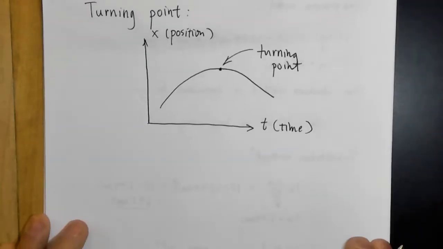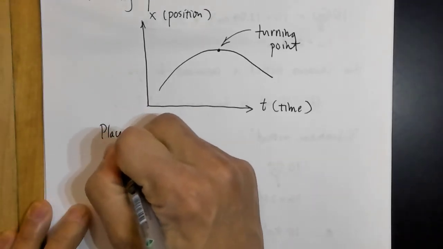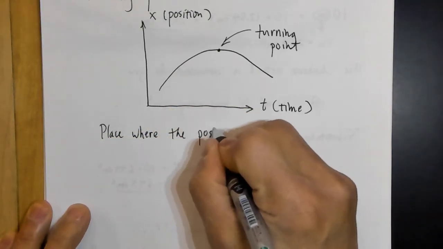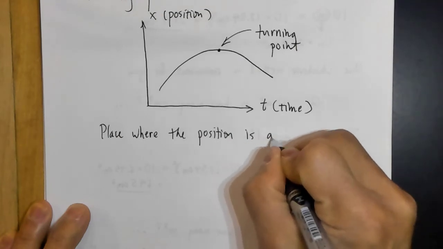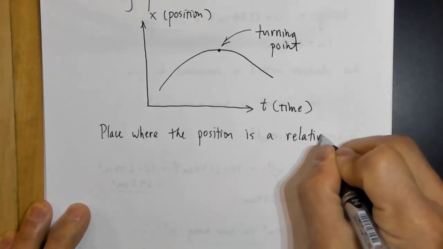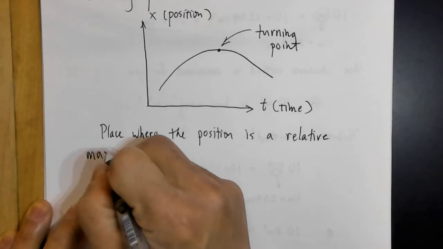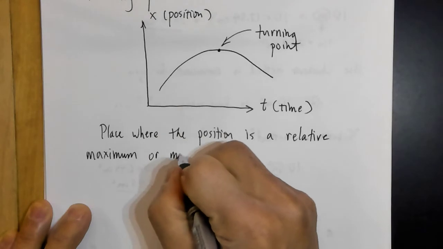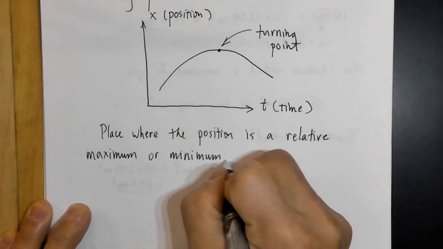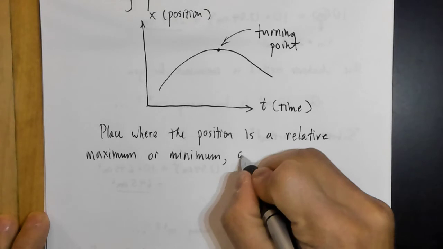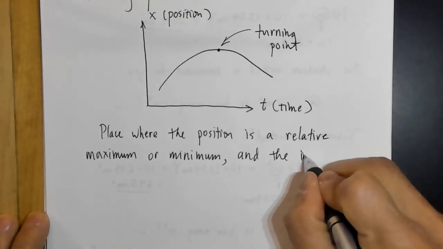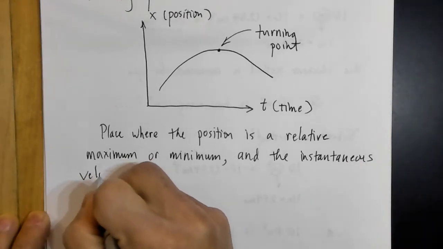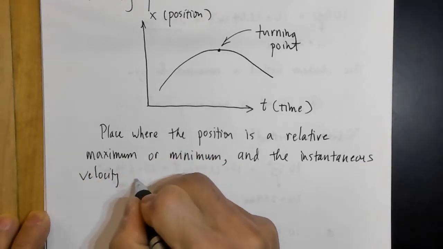And so I can explain in words that it's the place where the position is a relative maximum or minimum, and the instantaneous velocity is 0.